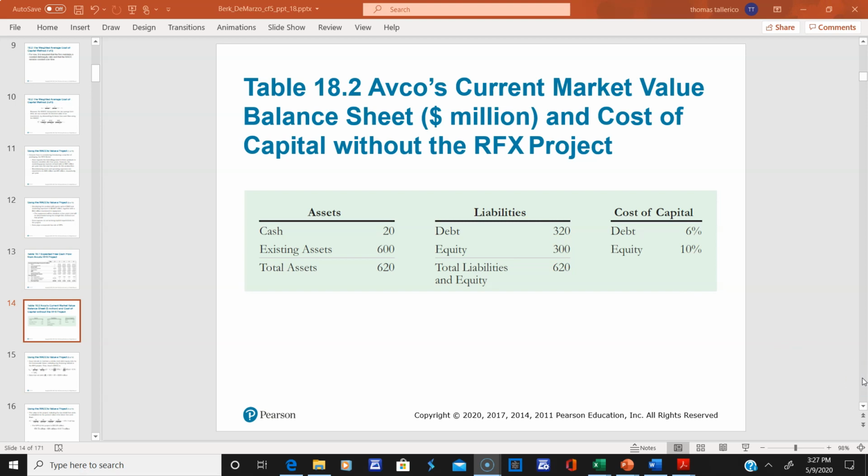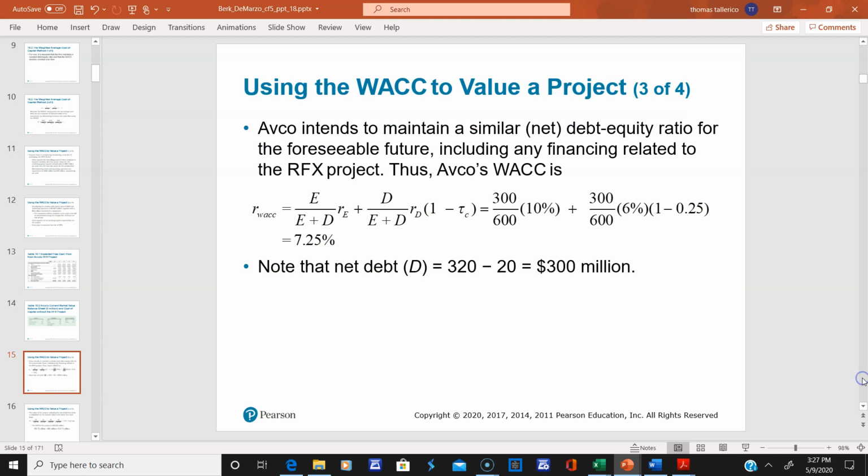Okay, so what they're trying to determine is the levered value of this project. Avco intends to maintain a similar debt-equity ratio for the foreseeable future, including any financing related to the project. So their weighted average cost of capital is going to be, here's the equity, here's the debt.